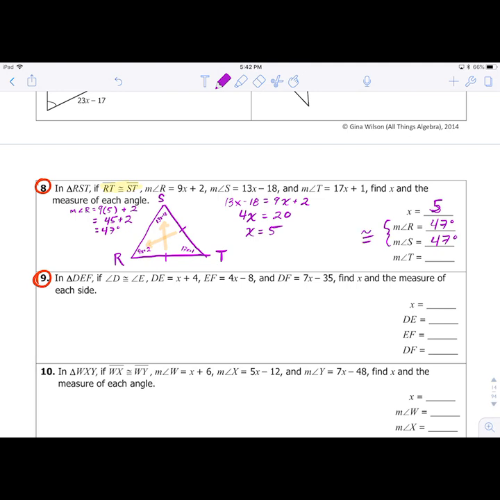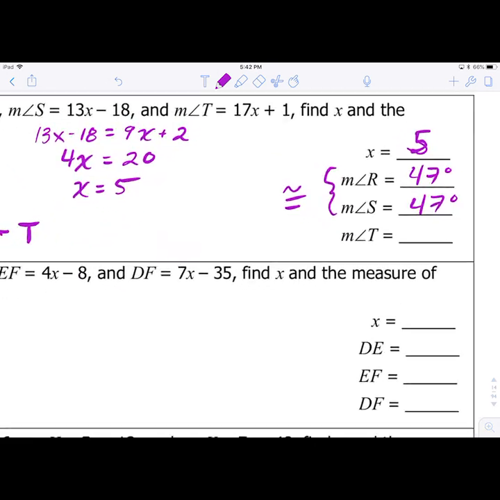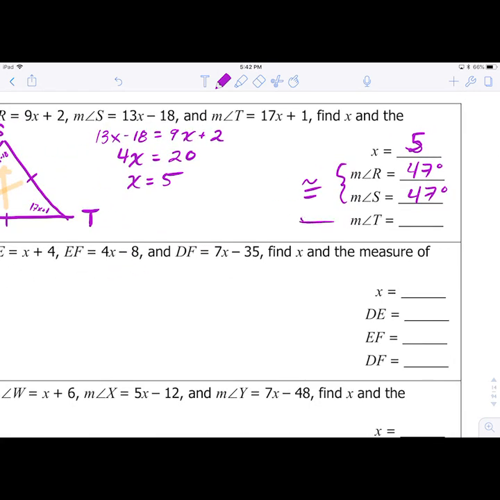So now all that's left is the measure of angle T. Well, T, the measure of angle T, remember, has to be 180 minus those two 47s in there. 2 times 47, 94. 86 degrees.